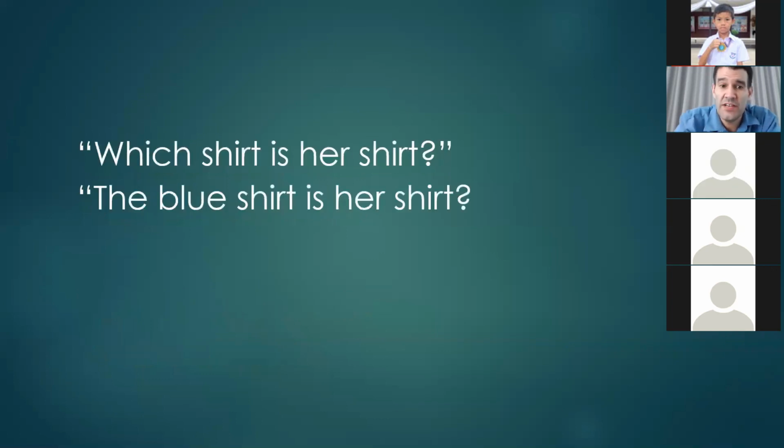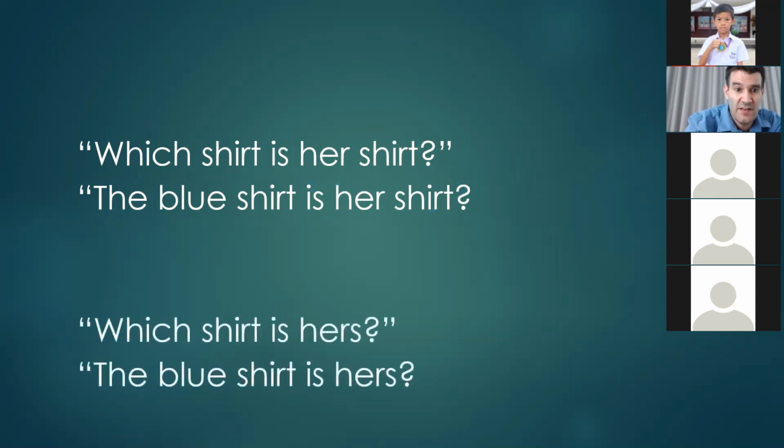So how about this one? Which shirt is her shirt? The blue shirt is her shirt. So here we will change her shirt and her shirt to hers. So which shirt is hers? The blue shirt is hers.